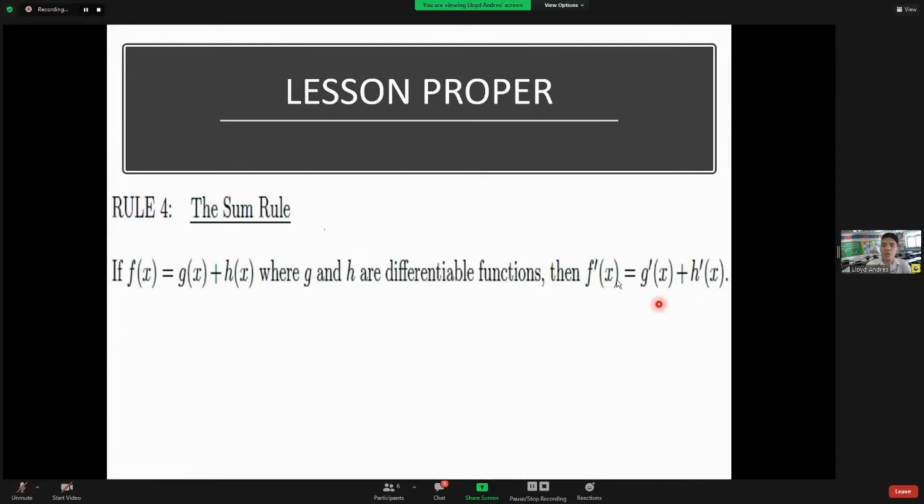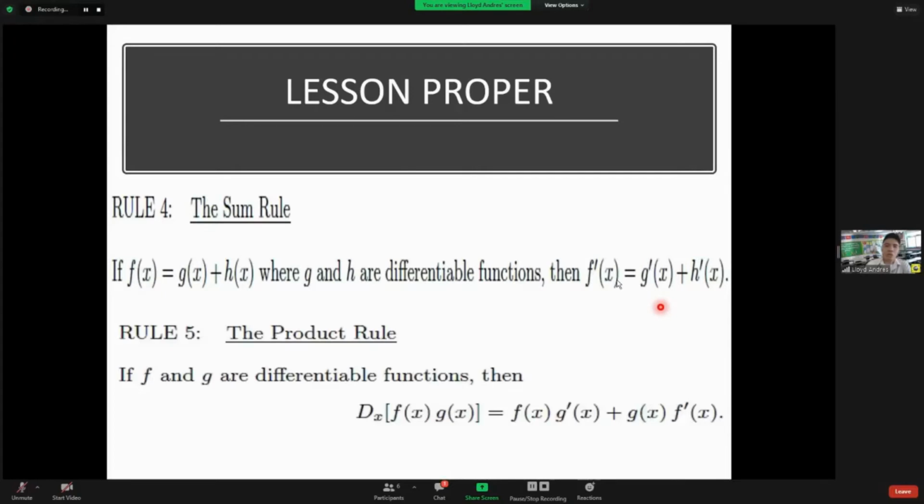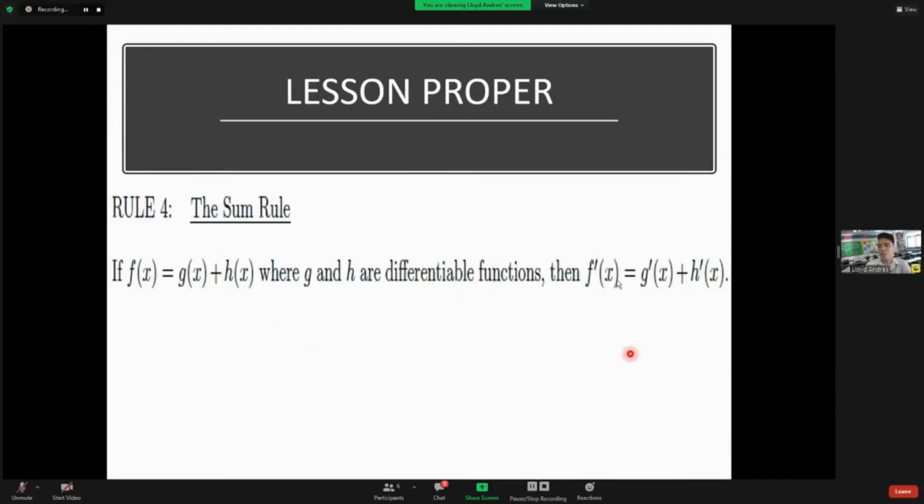Pasabot ana kung naa kay duha ka functions nga gi-plus, pwede ra nimo pud i-plus ang iyahang mga derivative. Ingana sa sum rule, simple lang kayo. Kung plus, i-plus ra pud nilang derivative.